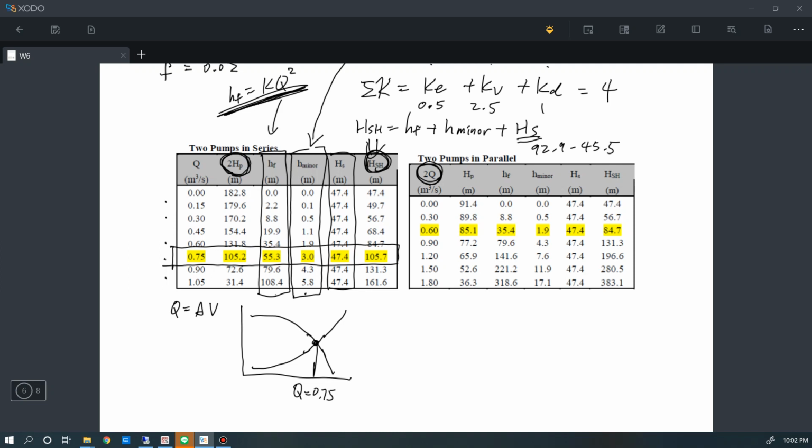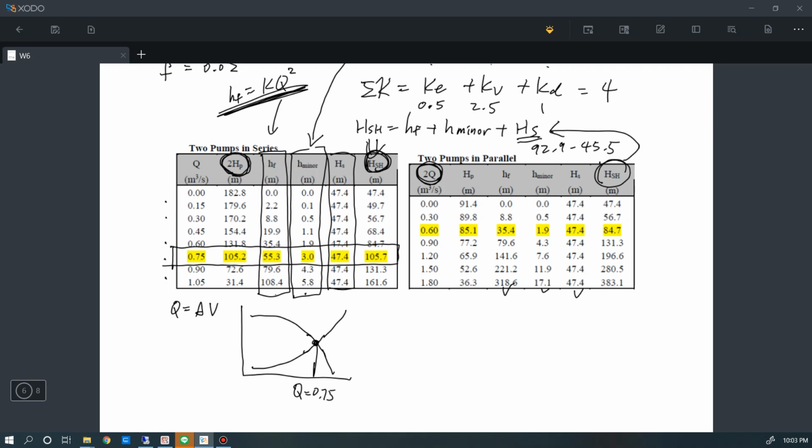You have the same HF column, H minor column, and HS column, and then you have the total energy for the system, which is equal to this equation.